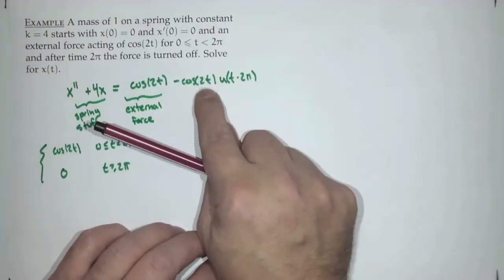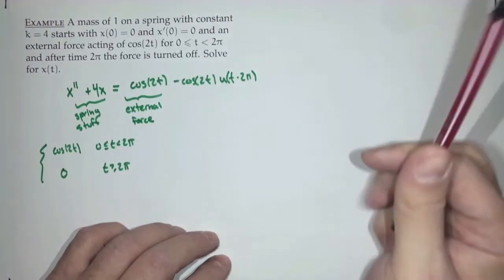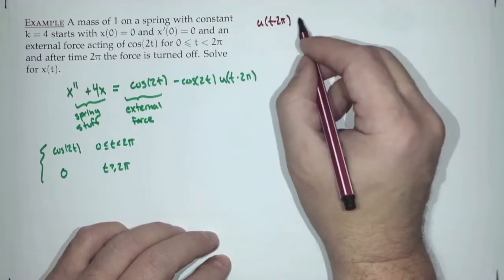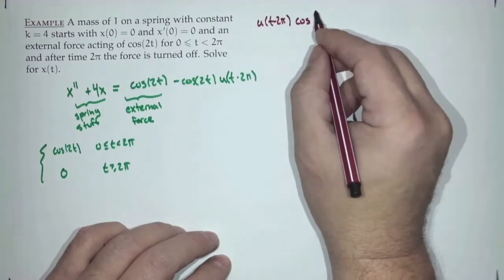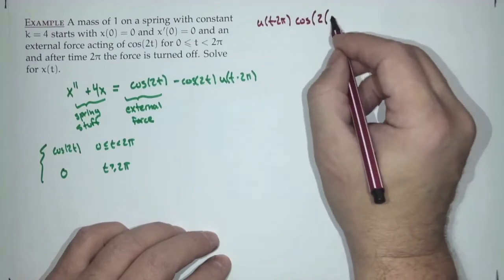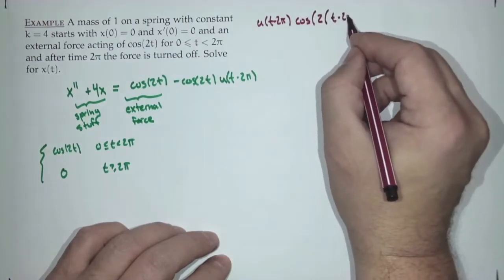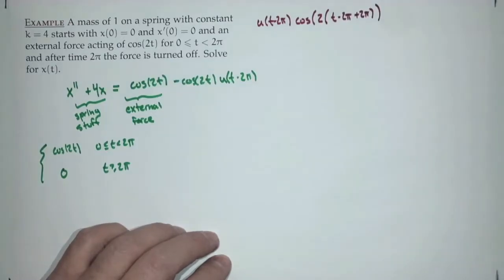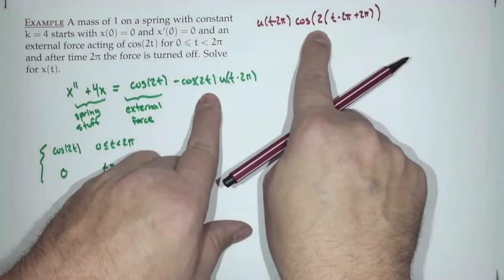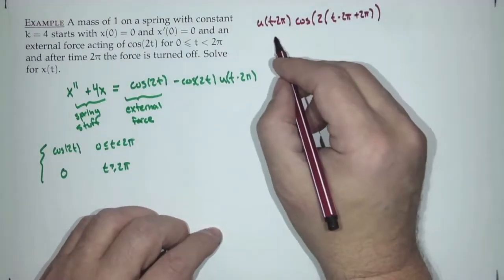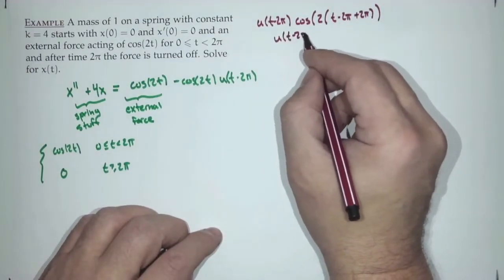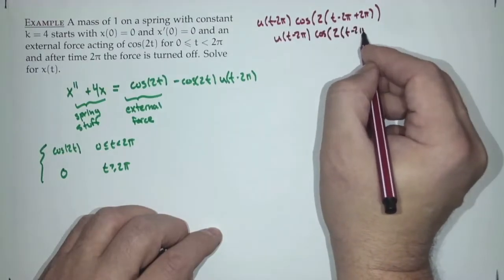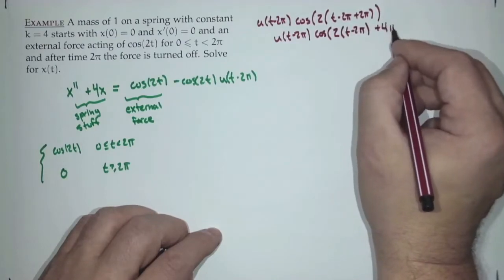Okay, so we want to rewrite this part here. So how do we rewrite it? The way I like to do it is just, I'll replace t by t minus 2 pi plus 2 pi. It's the same thing. But now we'll clean up. So this is u of t minus 2 pi cosine of 2 times t minus 2 pi plus the 4 pi.